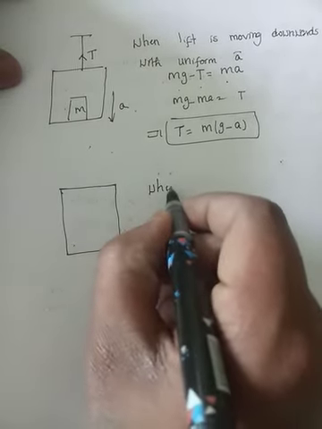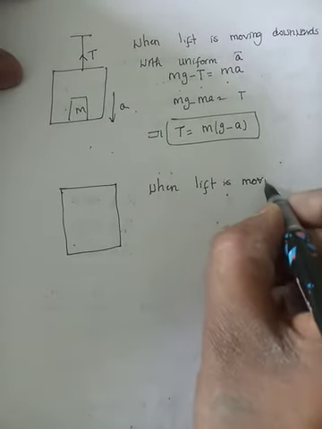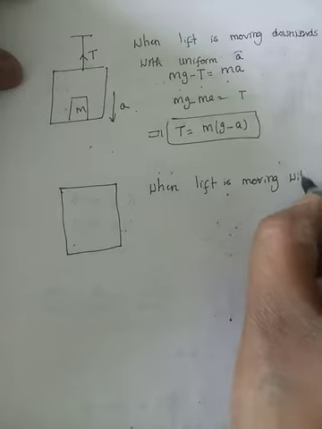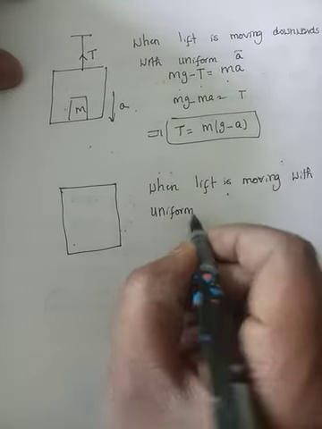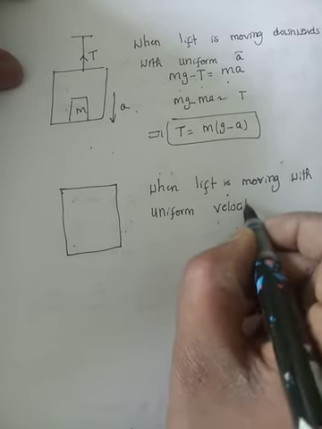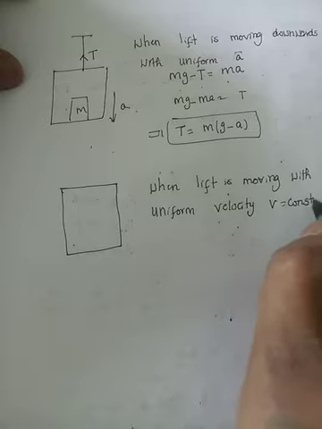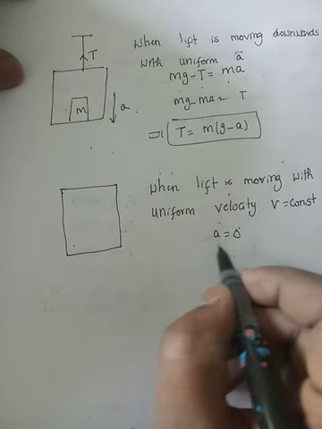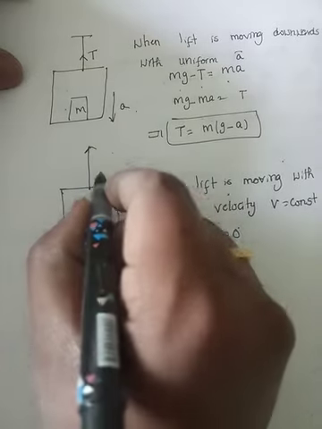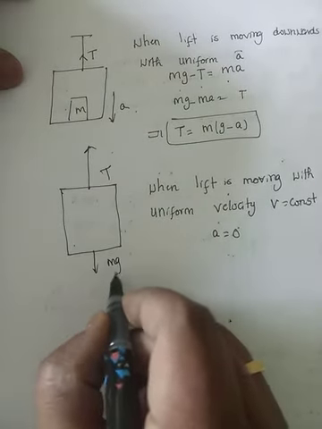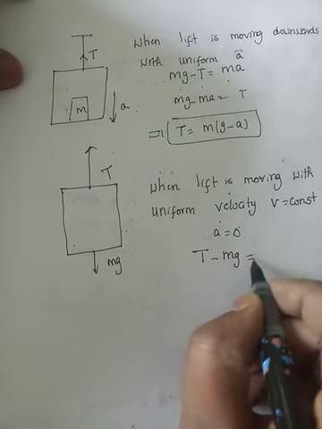Next condition, when the lift is moving with uniform velocity. When a lift is moving with uniform velocity, it means velocity is constant and acceleration is 0. It is moving with uniform motion. Tension is acting upwards, mg downwards. Net force acting on the body is 0.